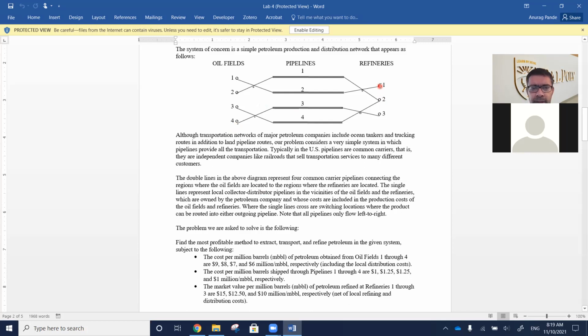If there were no constraints, you will do all your production at number 4 oil field, and you will push all your product to the least cost pipeline, maybe pipeline number 1 or pipeline number 4, because they cost the least amount of money. And then you will sell all of your product at refinery number 1, right? If there were no constraints, you will go for the cheapest possible production, you will switch over to the highest possible location where you can get the most price for your oil, and you will ship it through the cheapest pipeline.